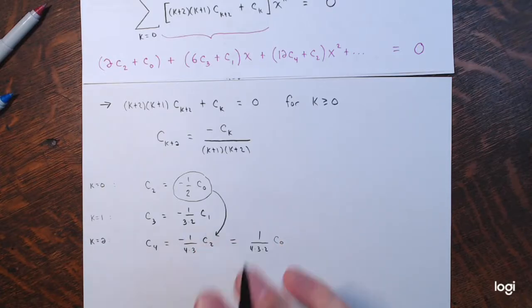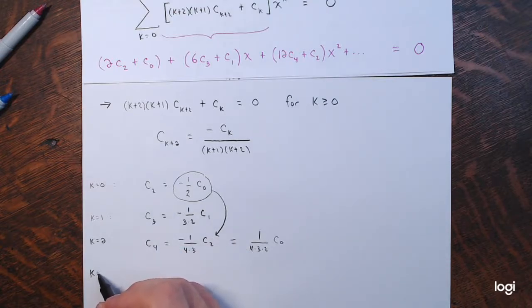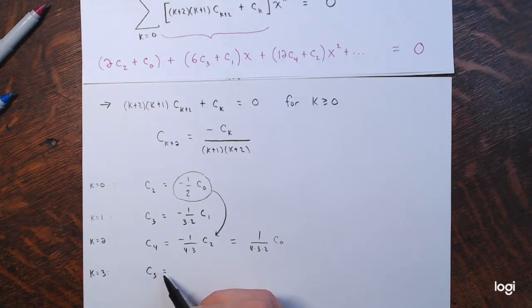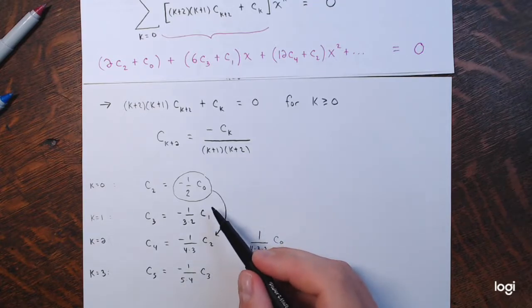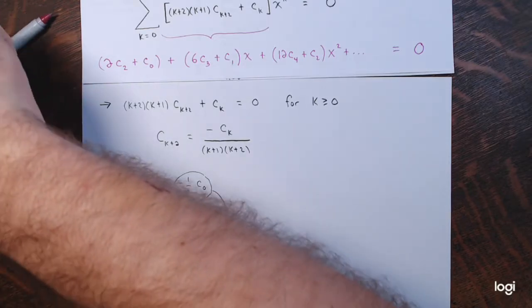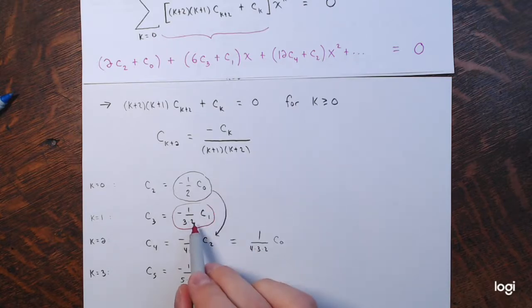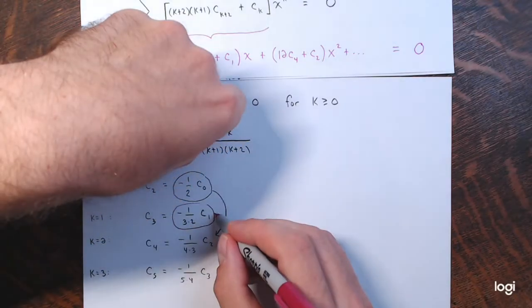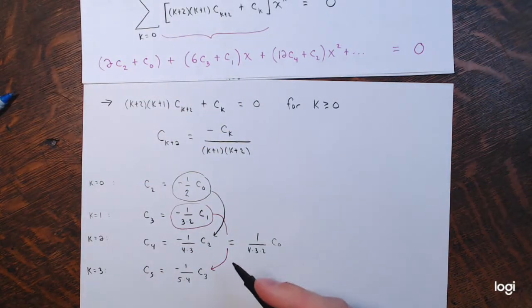I'm going to keep going and put up several more. So k equals 3. We have c5 equals negative 1 over 5 times 4 times c3. But again, c3 is this expression involving c1, so I make that substitution.